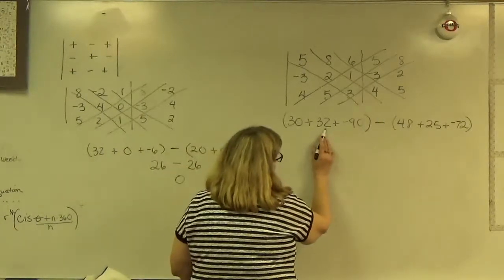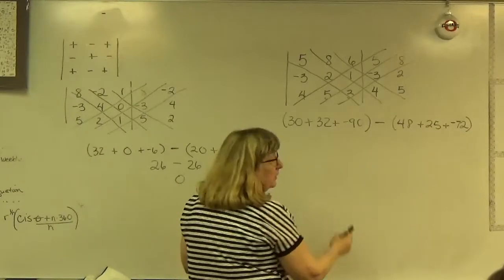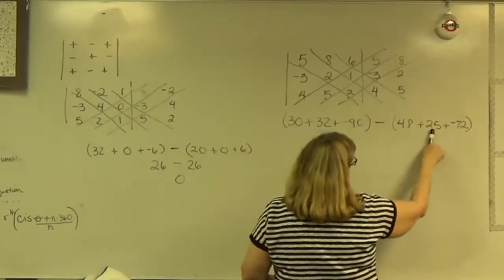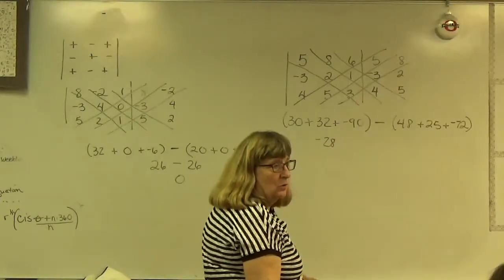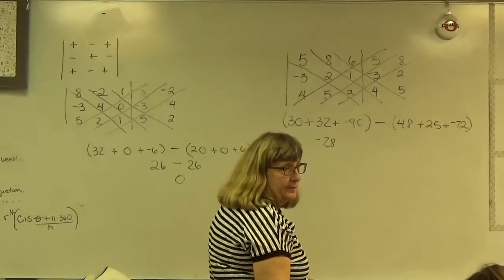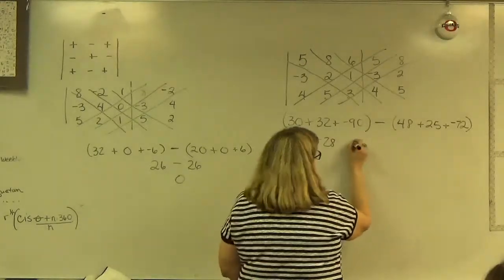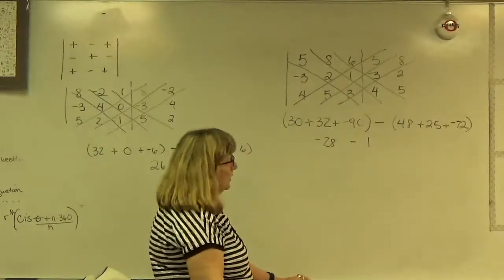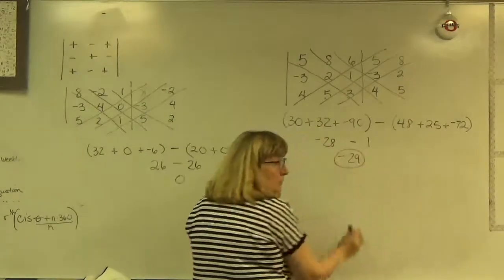What's 30 plus 32 minus 90? Negative 28. Okay, the next one, what's 48 plus 25 minus 72? 1? Yeah. Was it a positive 1? Yeah, it would be. So then we have negative 28 subtract 1, so negative 29.